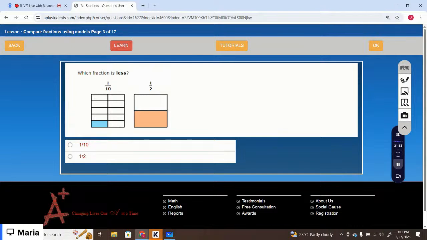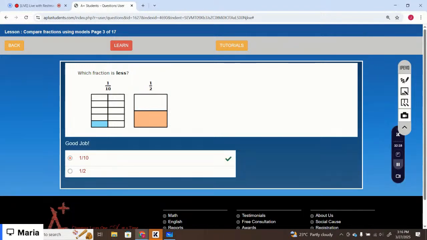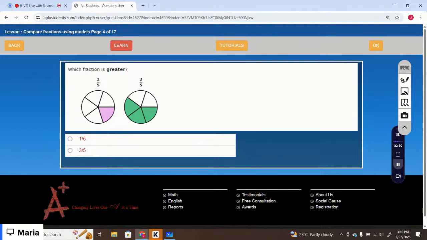If you have to compare the fractions with models, that is the easiest way to do it. So 1 by 10 is less than 1 by 2. Which fraction is greater, 1/5, 3/5?